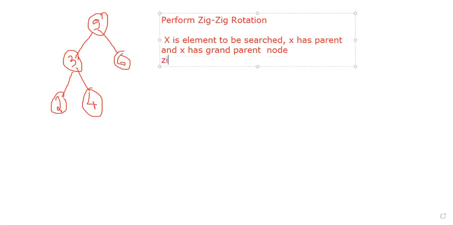Then you perform the zig rotation. So what does zig rotation mean? You perform the zig rotation when the element possesses a parent node, and also x has a grandparent node.